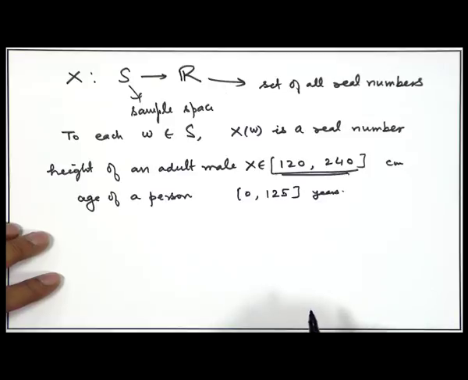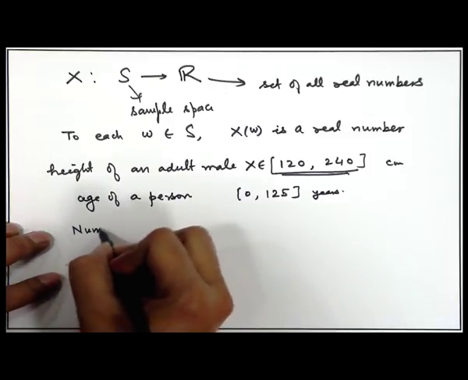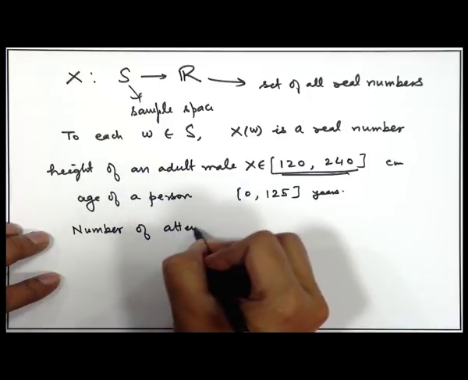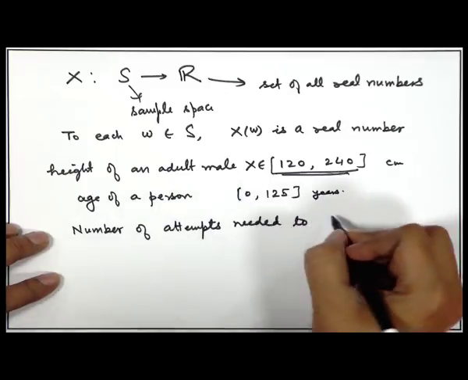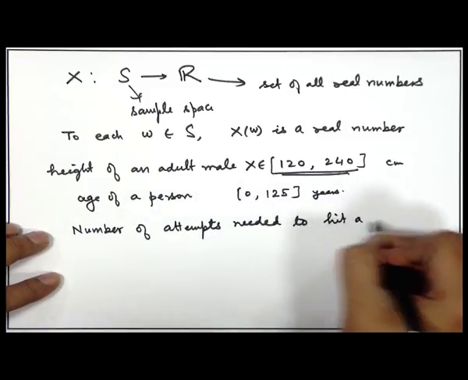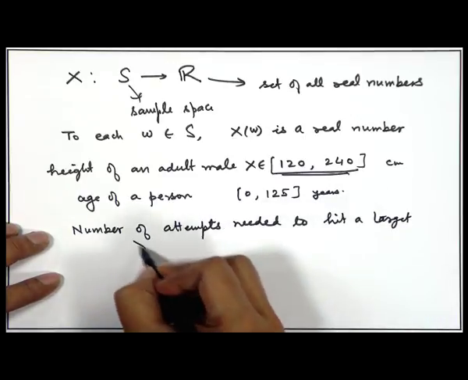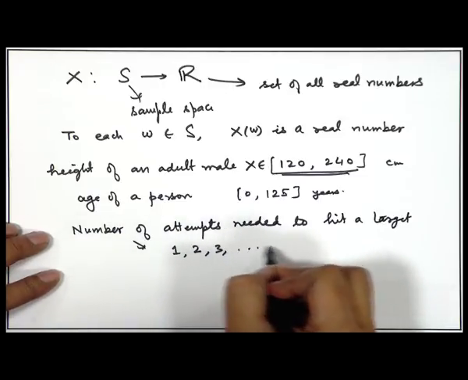So, you can put 0 to 125 years. Number of attempts needed to hit a target. Then what are the possible values of this? It can take value 1, you can hit in 1, you can hit in 2, and so on.